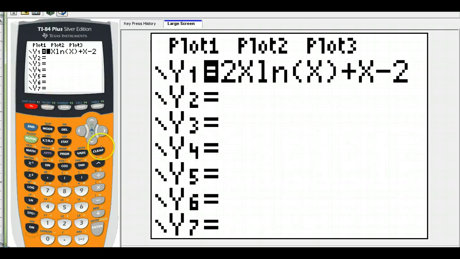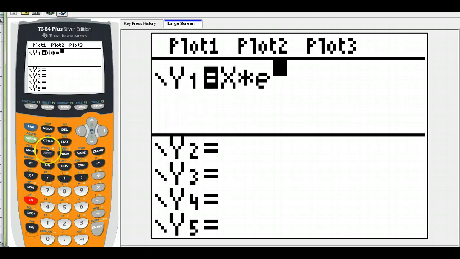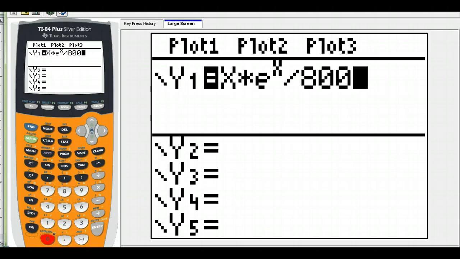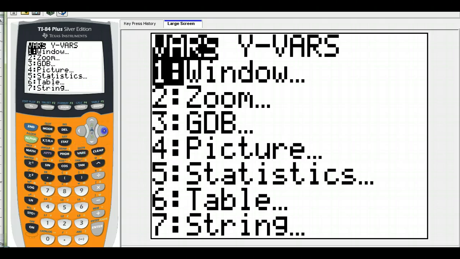So let's see what's going on here. Let me clear that, I'm going to put my function directly in. It's x times e to the x, divided by 800. I put that into y1. Now let me go to my y variable.